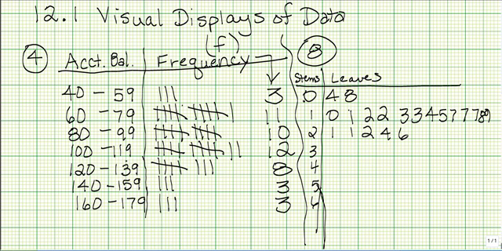In the 30s, it looks like we have a 32, a 33, and a 38. Okay, in the 40s, we have a 42 and a second 42. In the 50s, we have a 53 and a 54. I think that's it. And in the 60s, we have a 62.